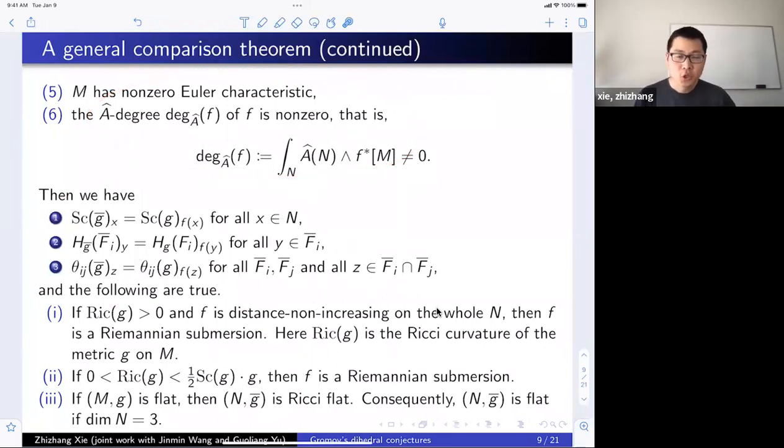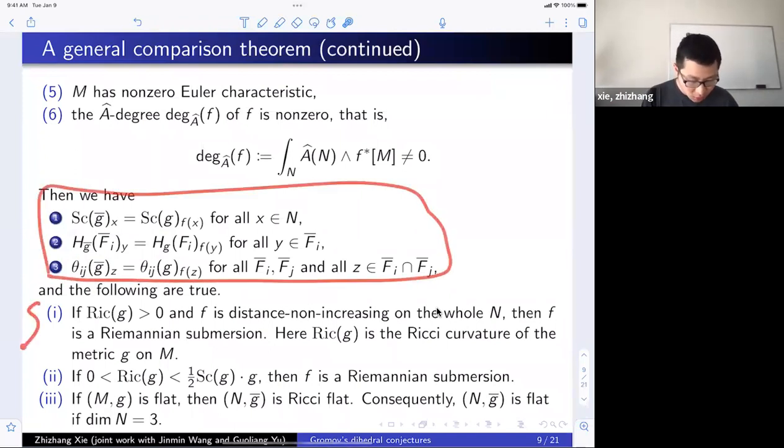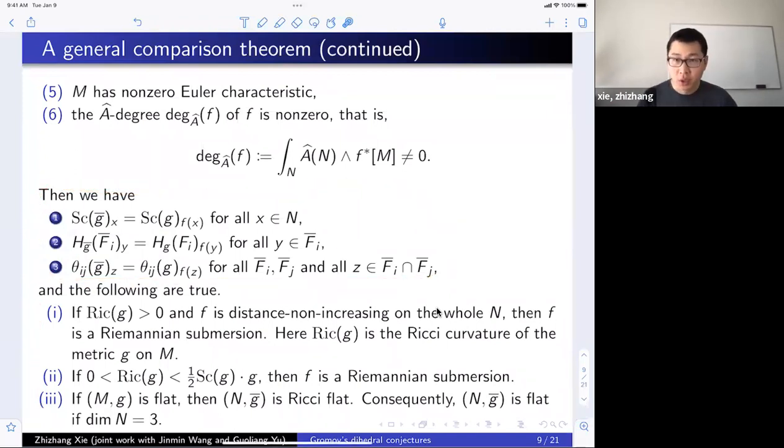Okay, so the conclusion is, yes, with this setup, the scalar curvature has to be the same, the mean curvature has to be the same, the dihedral angle has to be the same. Now, if we assume a little bit further, so this is just the extremal part, and here comes the rigidity part.